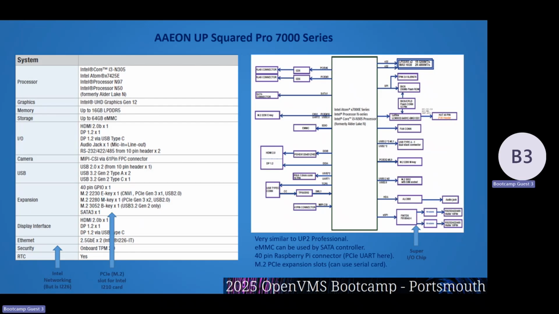I have not gone through and done a detailed comparison of the registers for the SATA controller on this chip to the UP2 Professional. Since this is on a different chip, the high order hex identifier of the PCI device identifier is going to be different. For those of you who were around last year for Gary's boot manager presentation, Gary explained how those PCI device IDs work. There's a big database of it.